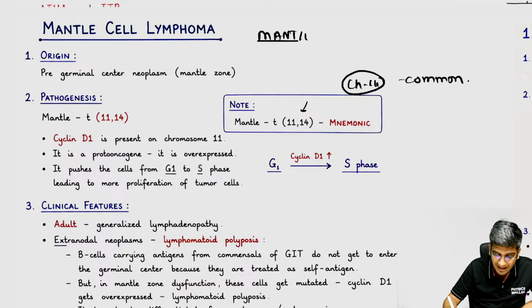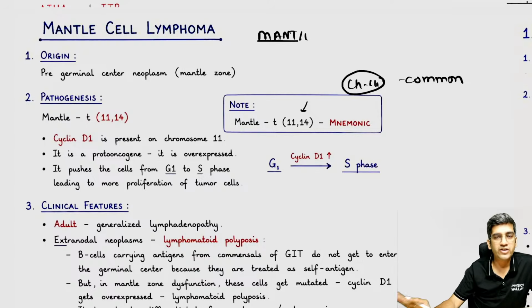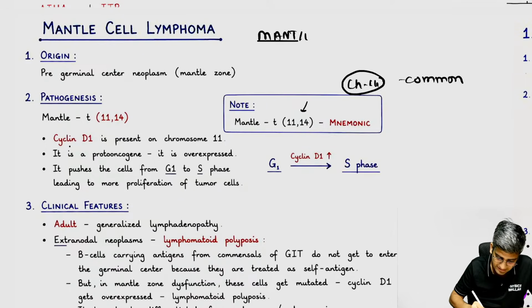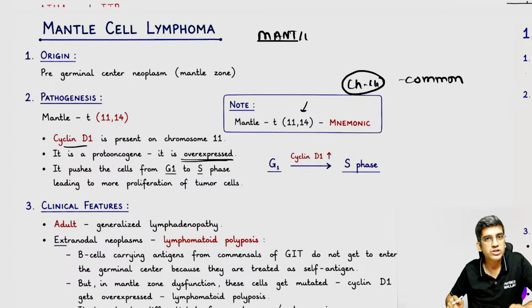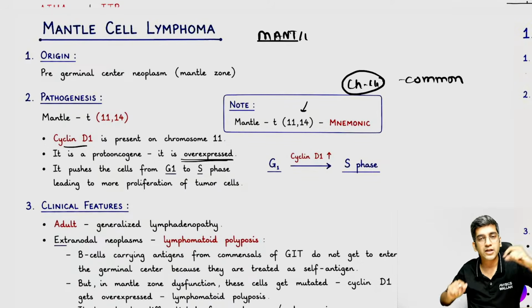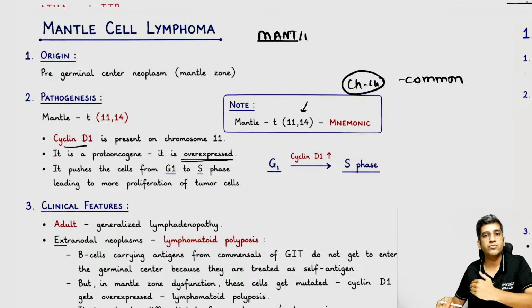It will be there in mantle, it will be there in Burkitt's, it will be there in your follicular, it will be there in almost every non-Hodgkin's lymphoma, right? What happens in this 11-14 translocation is 11th chromosome, I have a molecule called cyclin D1. The cyclin D1 which is present will be overexpressed. And what's the purpose of cyclin D1? Cyclin, cell cycle, right? It derives its name from the cell cycle. So cyclin D1 is more, it pushes all the cells from G1 to S phase.